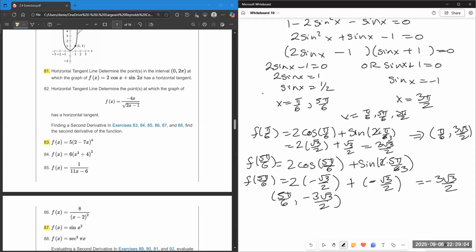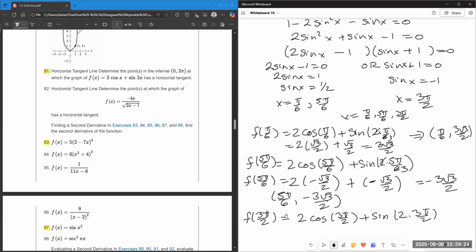And my last one was f of 3 pi over 2, which is 2 cosine of 3 pi over 2 plus sine of 2 times 3 pi over 2.